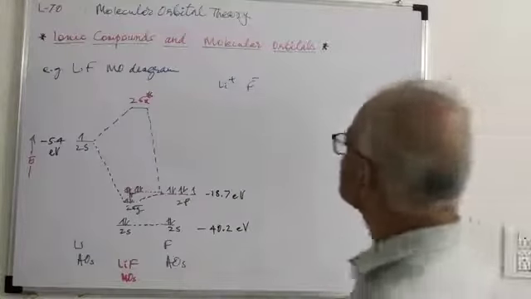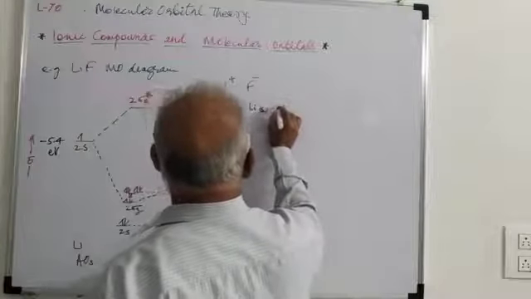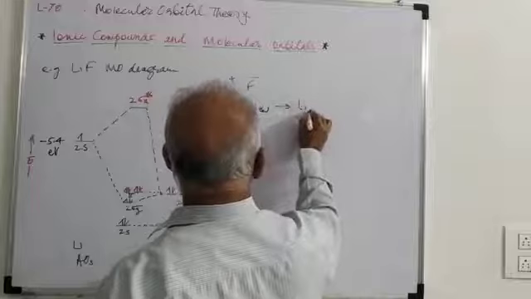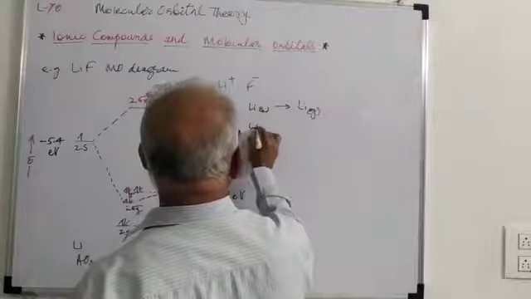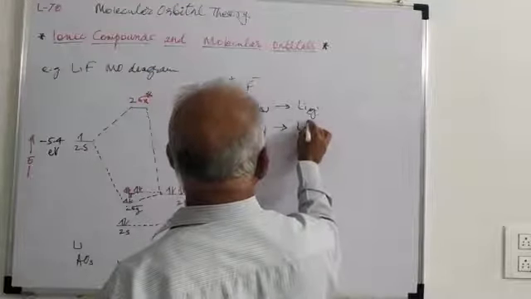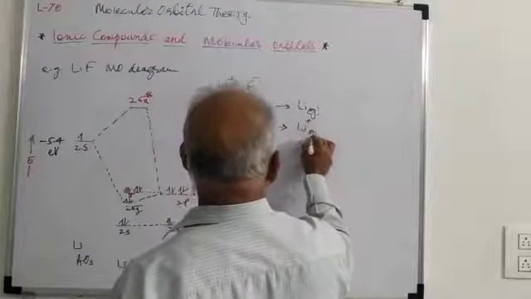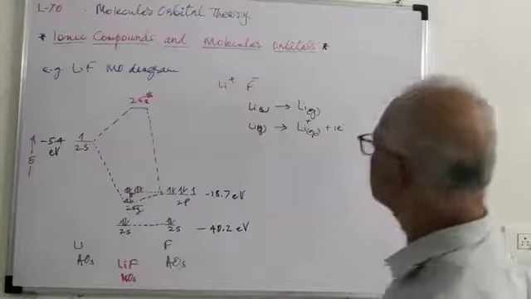First of all, lithium in the solid state is converted into lithium in the gaseous state. Then lithium from the gaseous state is converted into lithium ion in the gaseous state, with the loss of 1 electron.